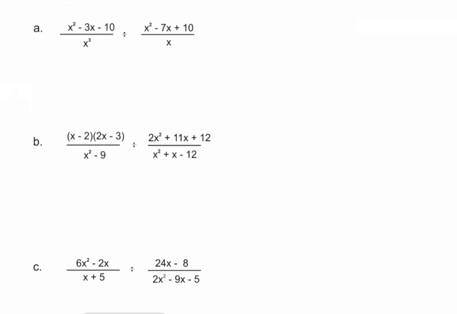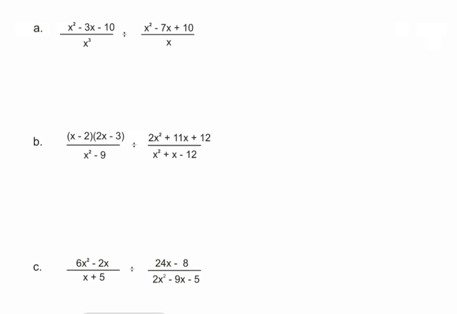All right, the biggest thing you've got to be careful of is don't try to reduce anything until you're on the multiplication step. Most students like to factor it first and then flip it. Others like to flip it first and then factor it. Whichever way is going to make you not forget to flip and multiply.